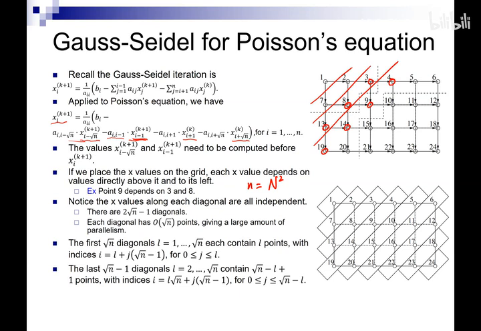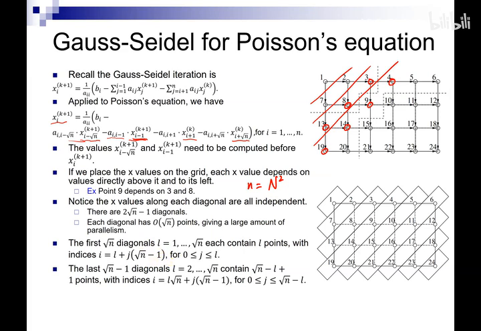Let's say each of the diagonals has L points. The different diagonals actually have different numbers of points. Initially the number of points increases, so you have 1 point and then 2 points and so on, but eventually they start to decrease. So there are two phases to these diagonals: they first get larger and then they get smaller. In the first phase, these are the indices of the points that we need to look at; you can check this computation.